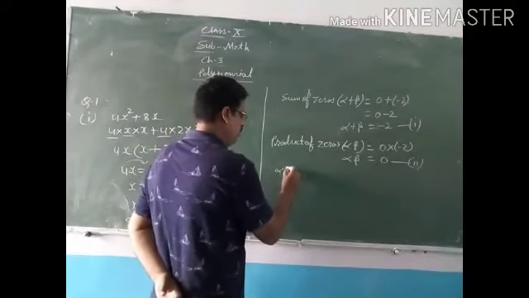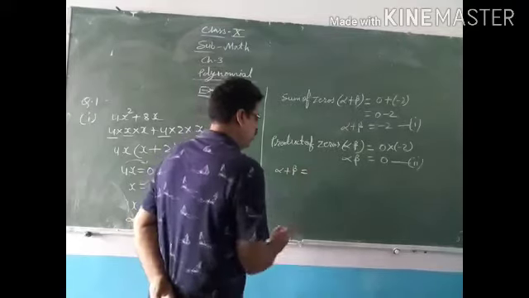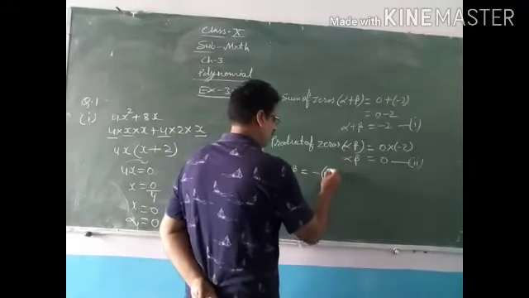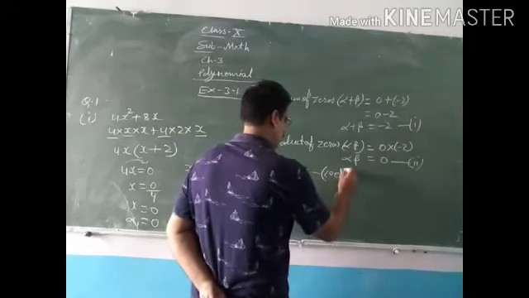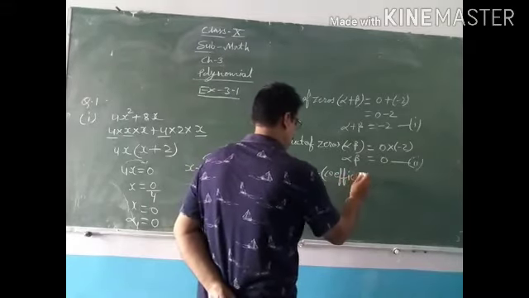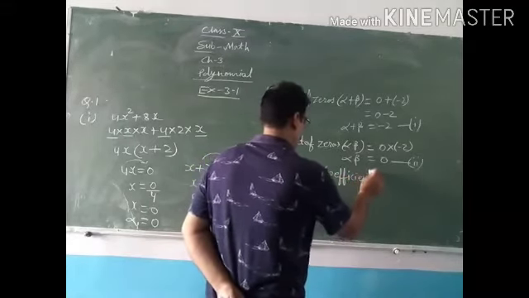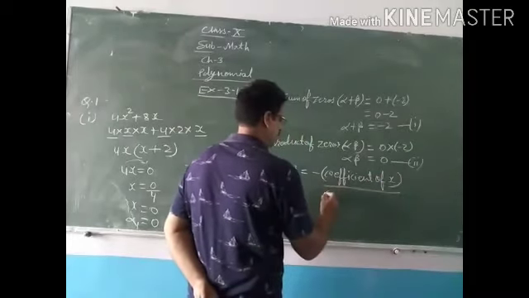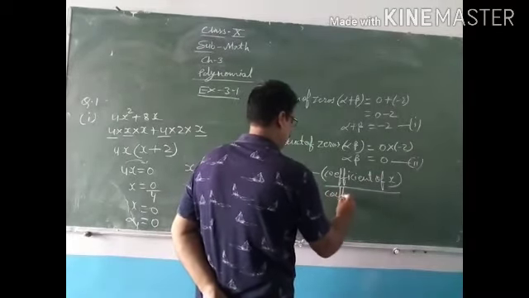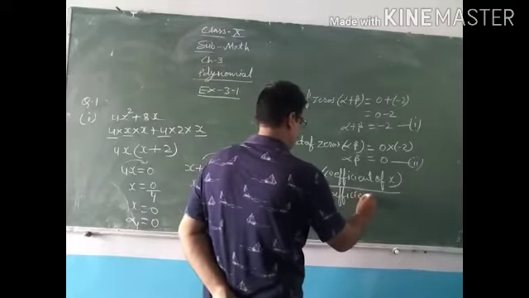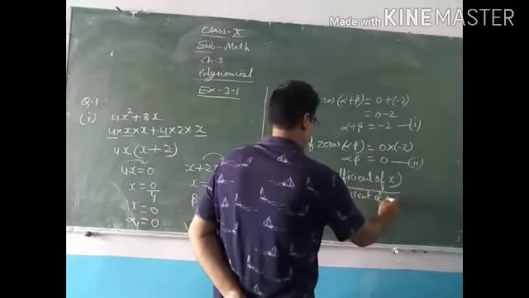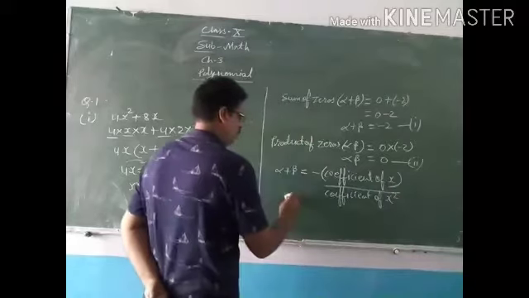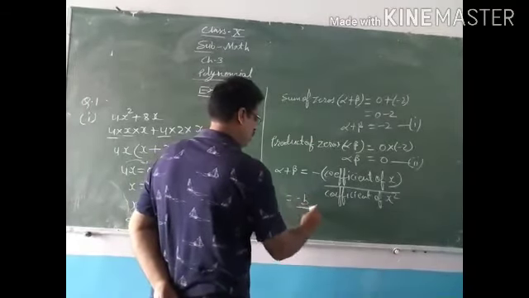Okay. Now we know that the sum of zeros, alpha plus beta, is equal to minus coefficient of x upon coefficient of x square. So means minus b upon a.